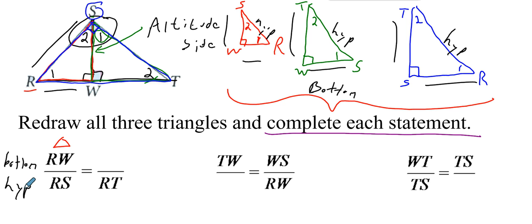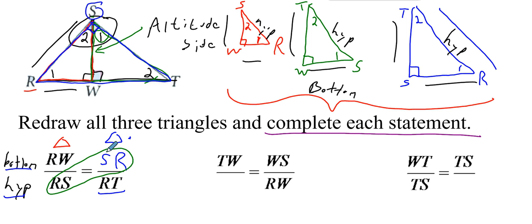To complete this, I look for where RT is a hypotenuse. RT is the hypotenuse in my blue triangle, so I need the bottom of my blue triangle, which is SR. Notice we have a geometric mean here because SR and RS are congruent by the reflexive property.